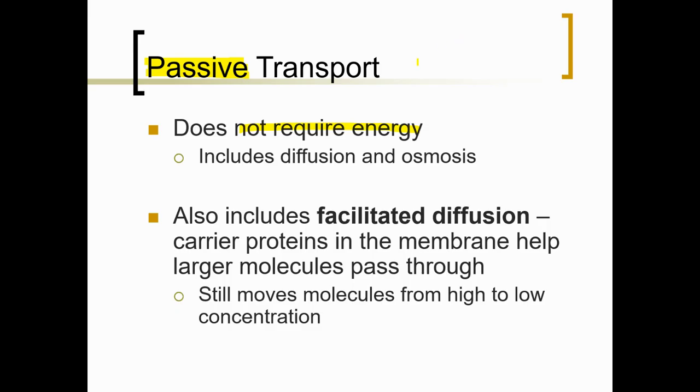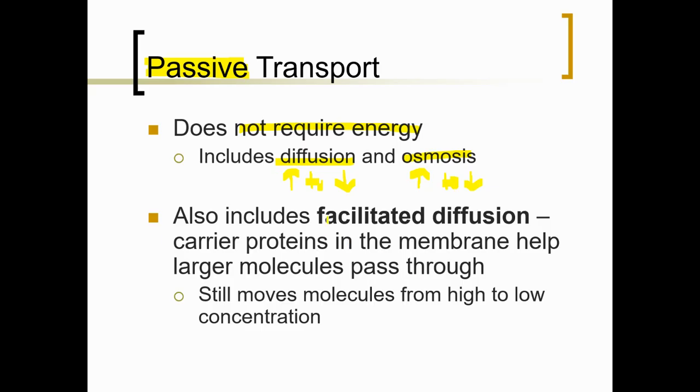Diffusion was substances moving high to low. Osmosis was water moving high to low. So anytime you have high to low or that downhill movement, we consider that passive transport. Osmosis is specifically water, but both of these require no energy. You don't need energy to go downhill, okay?